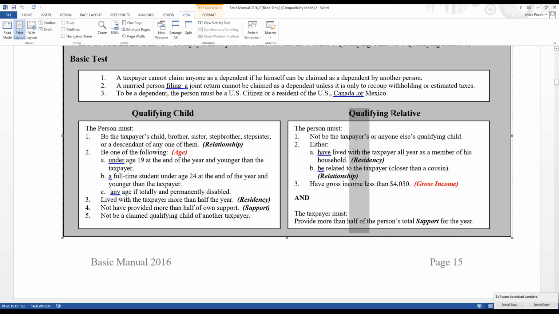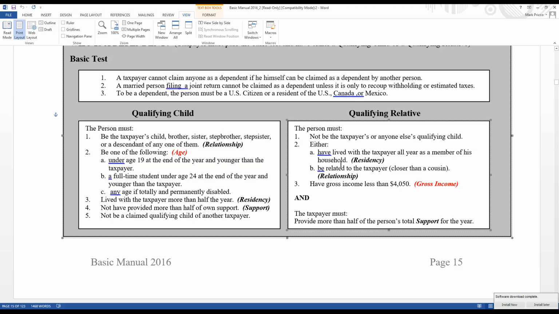Okay, the next definition of a dependent is qualifying relative. The tests are a little bit different. Number 1 here is not being the taxpayer's or anyone else's qualifying child. That's usually not the issue. Normally we have here residency. In this case, they have to live with the taxpayer all year as a member of their household, or be related to the taxpayer, closer than a cousin. The relationship is the same as over here.